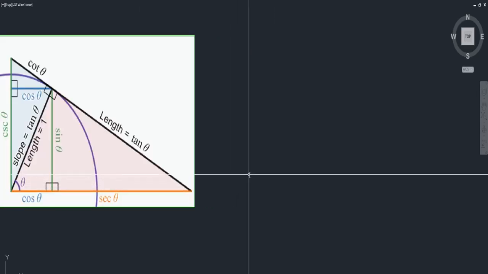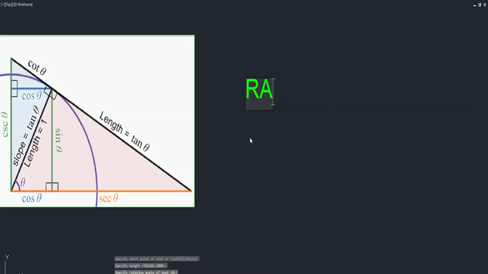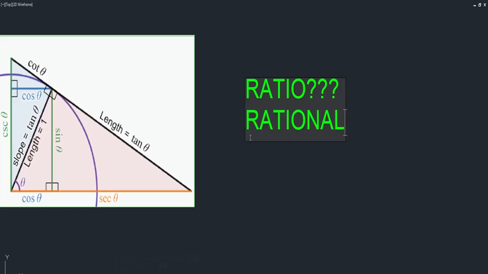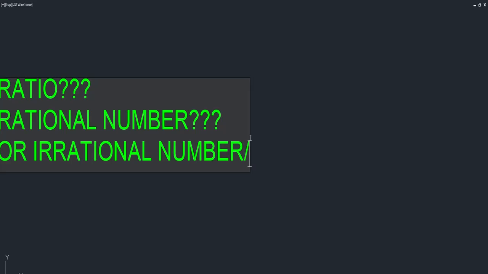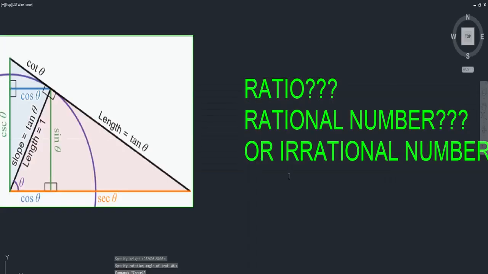Now, whenever we talk about any ratio, what is that? That is a rational number or irrational number divided by 1, whatever it is.